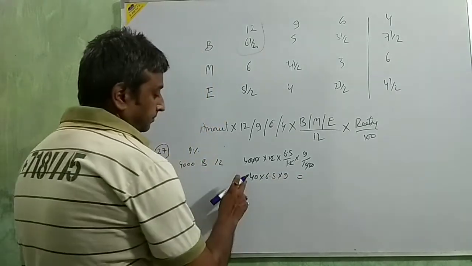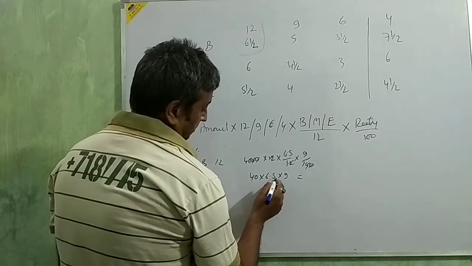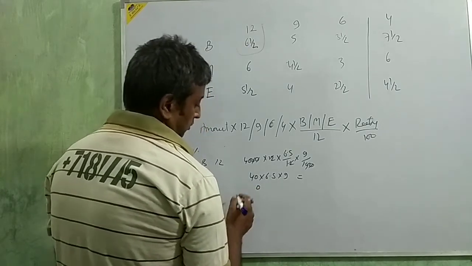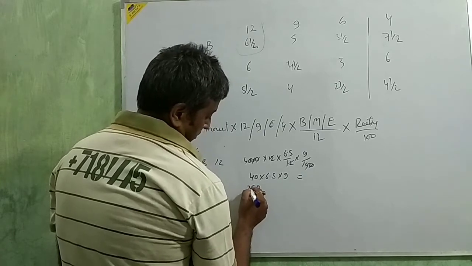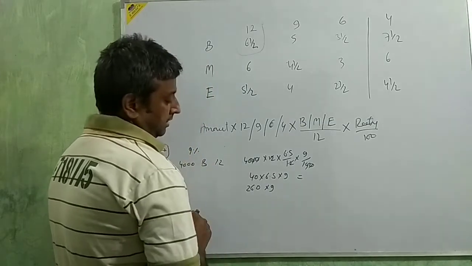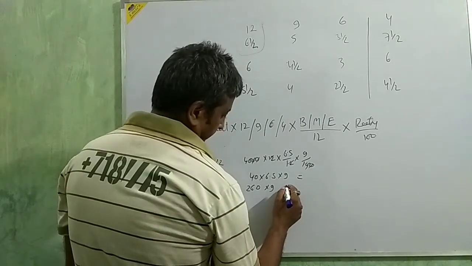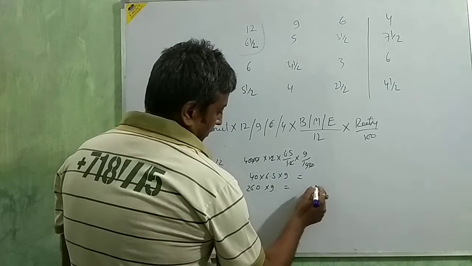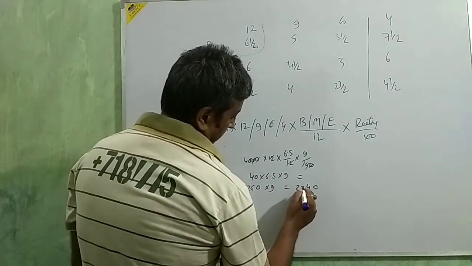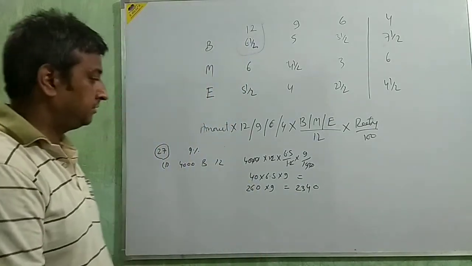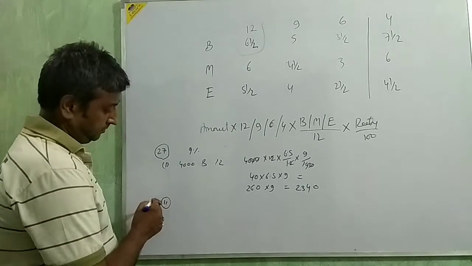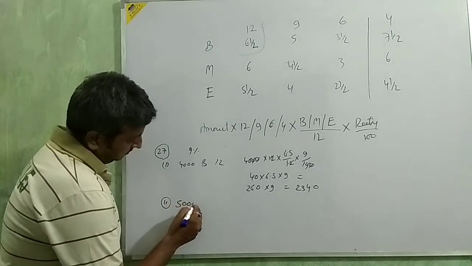Okay, into 9. The answer is 2,340. Yes. Okay, go for case 2: if he withdrew 5,000 per month at the end of every month.